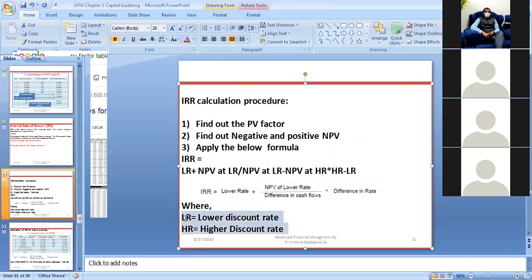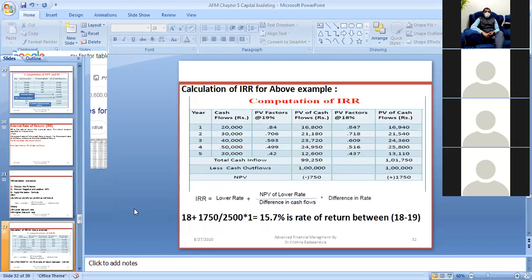Both are discount factors, lower rate and higher rate. By the trial and error method, we find exactly the rate of return where there is no positive NPV and no negative NPV. Now you see this. Now calculate the IRR for the above example.